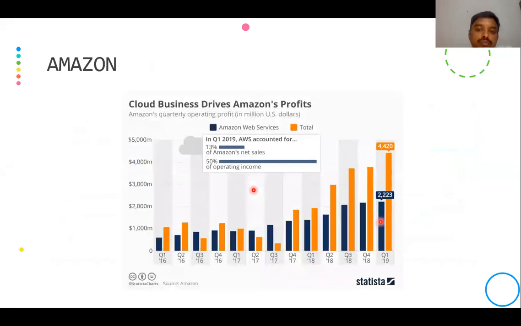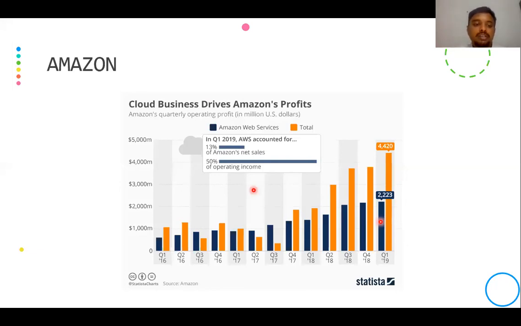I want to take one more example, which is Amazon. For the majority of their e-commerce journey, Amazon has been a non-profitable or loss-making business. Amazon Web Services, AWS, is one of the key businesses that is driving profits for Amazon.